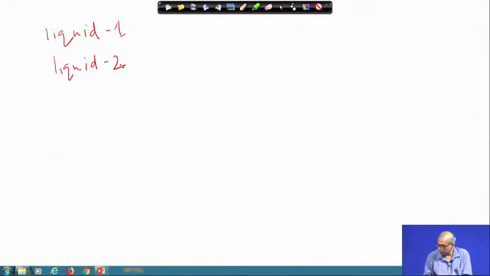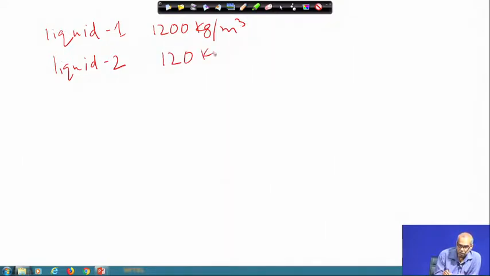The density of the liquid 1 is given as 1200 kg per meter cube. The density of second liquid is given as 120 kg per meter cube.